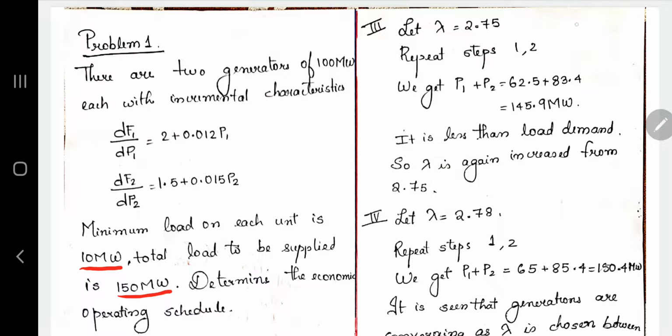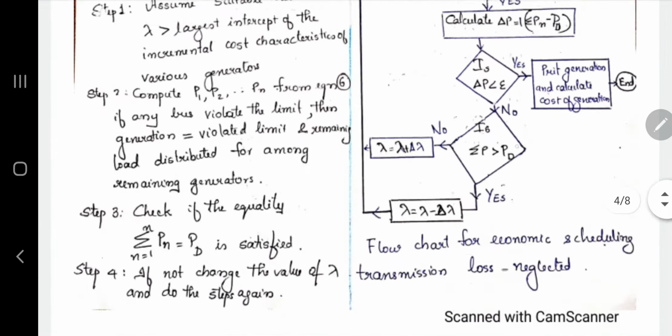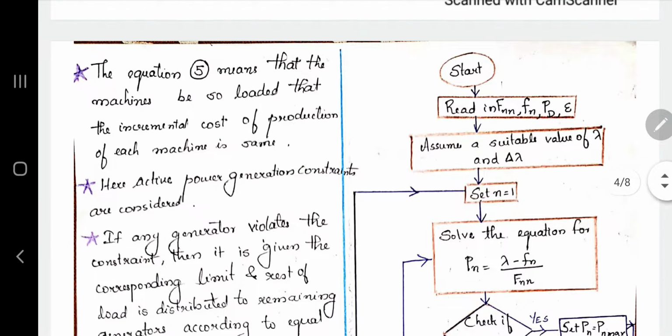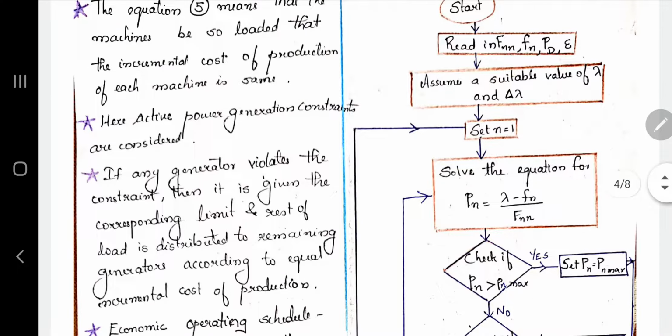Now we can find out how to make a solution for this one. This can be done by the iterative process which was explained in the last class. I'll just show you that flow chart. This is how you have to solve the problem. We start by reading all the values: Fnn, that is the slope, then the intercept, PD, and the small value that is a converging value.